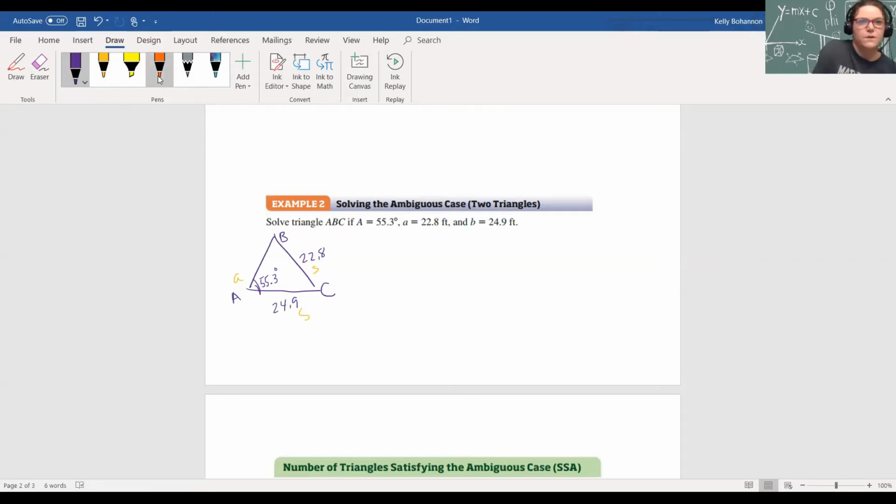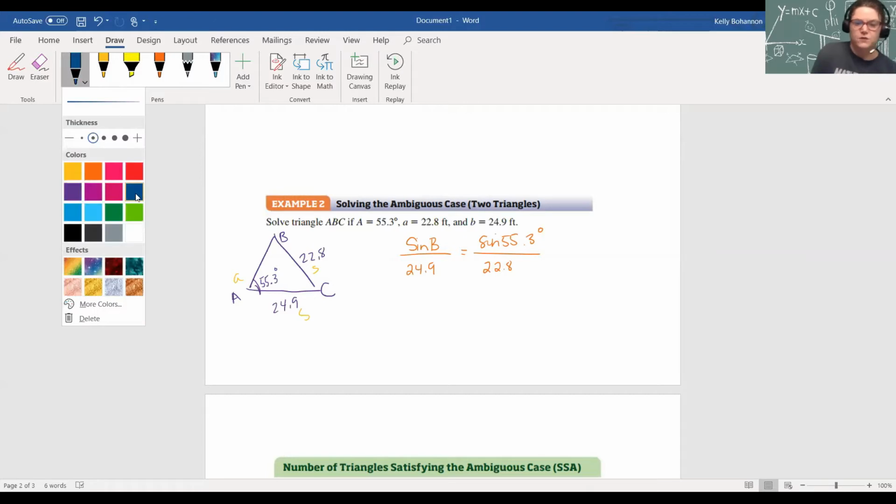So we'll set it up. Sine B over 24.9 equals sine of 55.3 over 22.8. I'm going to do the algebra.